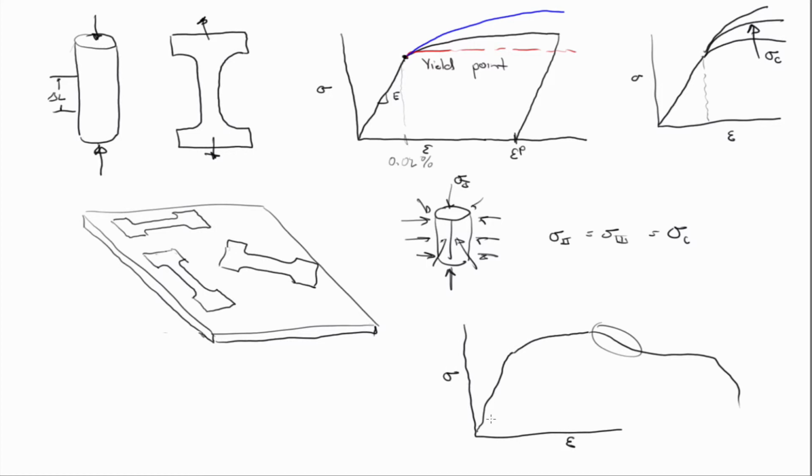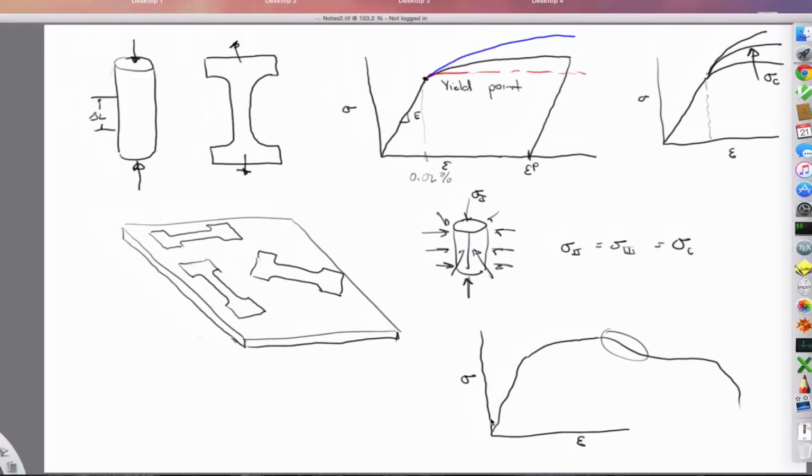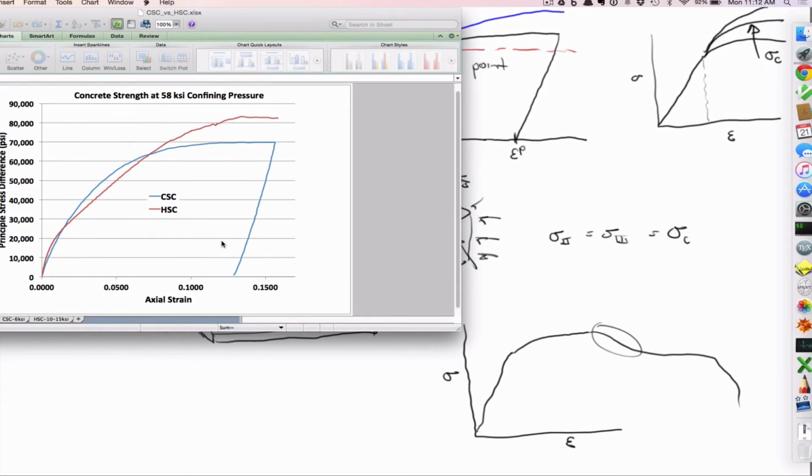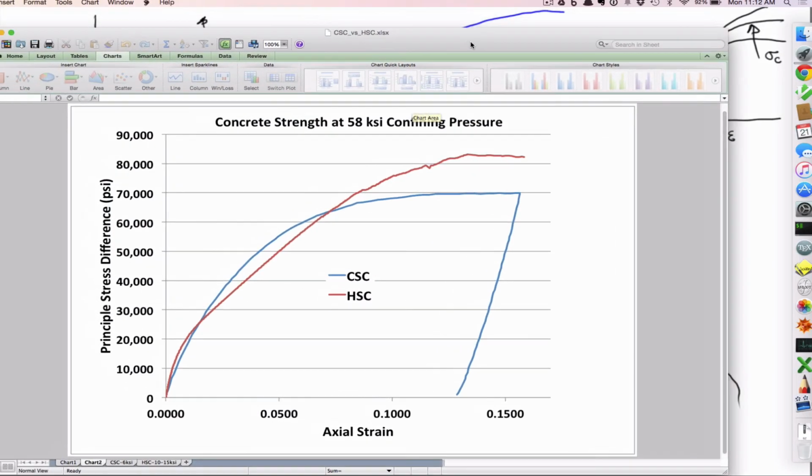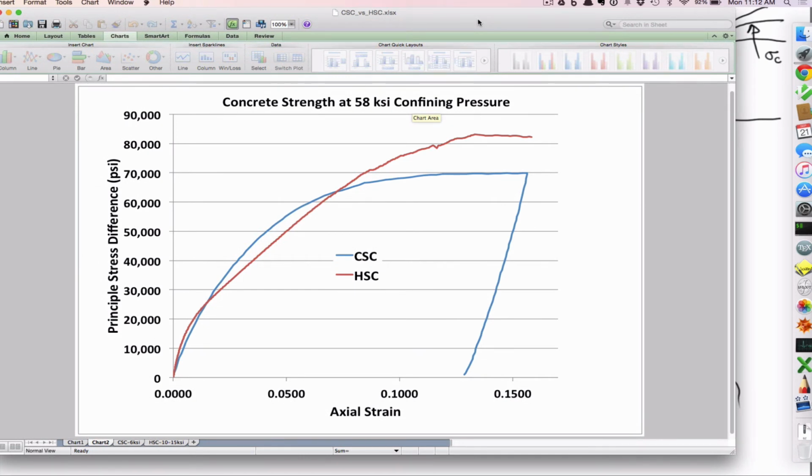And just to give you a picture that's not just a cartoon, I'll show you some real data. This is real experimental data that I took when I was at Sandia on two different types of concrete, conventional strength concrete and high strength concrete.